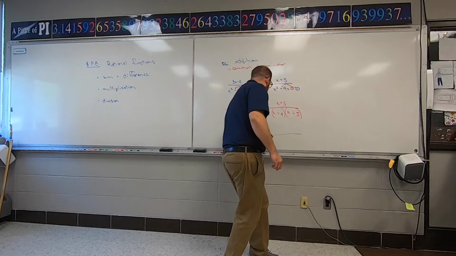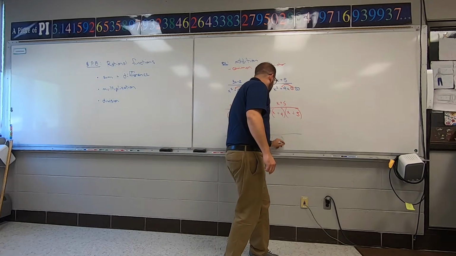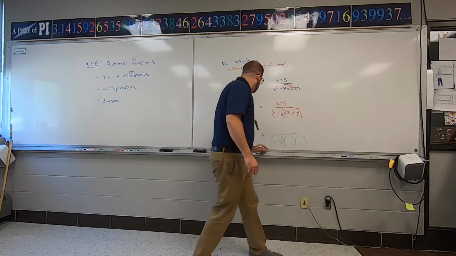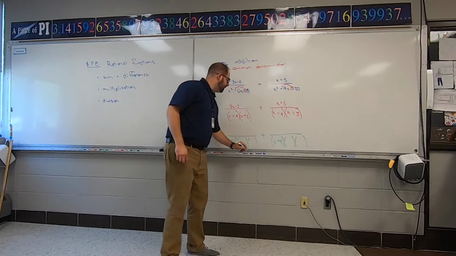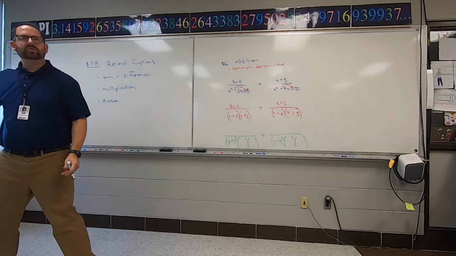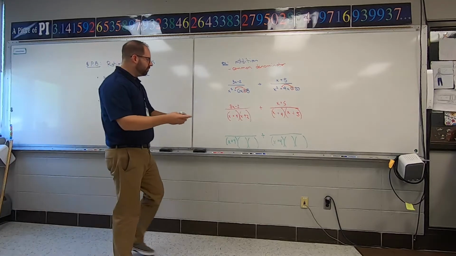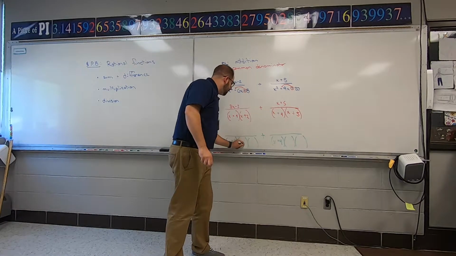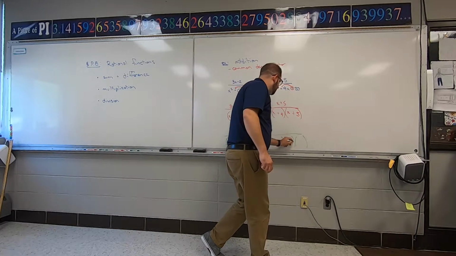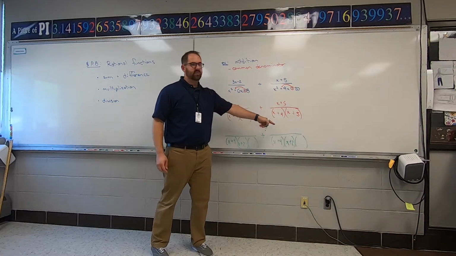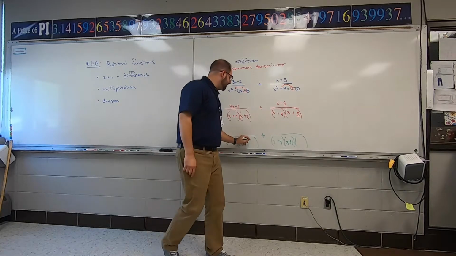Now I'm going to add other parentheses so that they all have the same items. So obviously I want both of them to have an x plus 2, because this one had an x plus 2, so that one better have an x plus 2. And I want both of them to have x plus 5s.